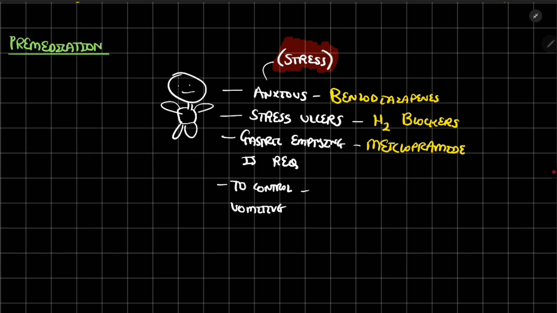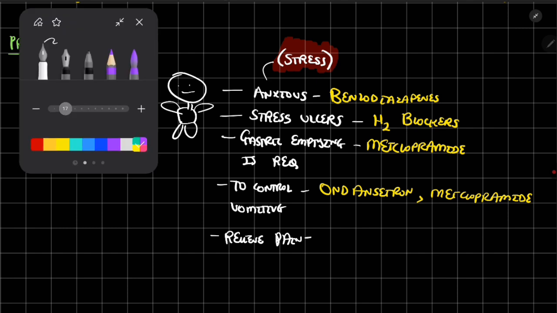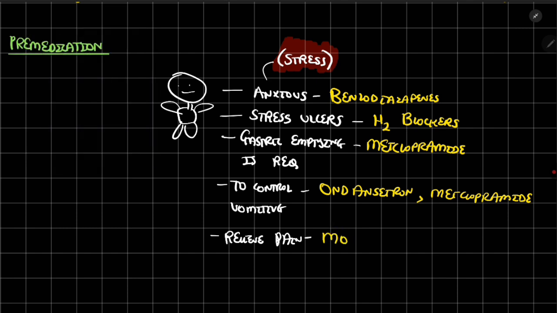Among antiemetics we have ondansetron, which is the drug of choice. Sometimes the prokinetic metoclopramide is also used. Also, to relieve pain, which we have after surgery and sometimes before surgery, morphine is given.